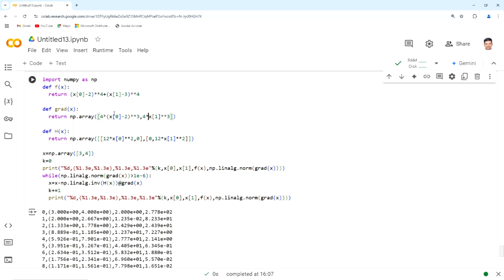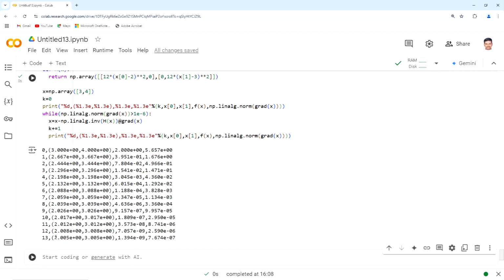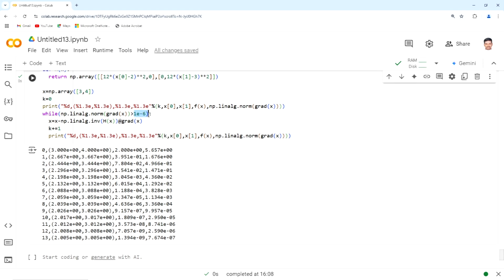I have written the values of grad and h slightly incorrect. This is the actual grad of x and h of x. You can see that you got to the answer 2 comma 3. There is a slight error, 2.005 and 3.005, but that is because of 1 e minus 6.